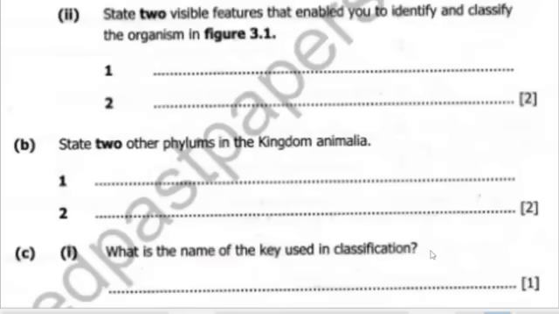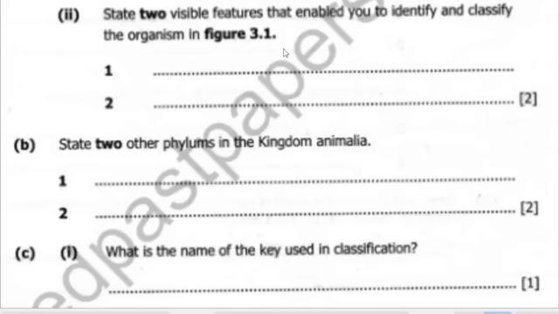Alright, so we've now come to question A2. Question A2 reads, state two visible features that enabled you to identify and classify the organism in figure 3.1. So what two visible features allowed us to identify that the organism belonged to the phylum called Arthropoda and the class called Insecta?